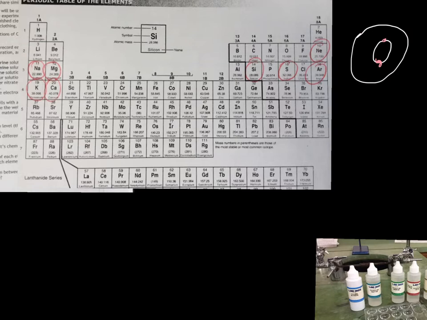So I can start with 1, 2, 3, 4, 5, and there we go. We'll stop there. There's 5. So if I was to count the number of electrons that I have, then I will have 1, 2, 3, 4, 5, 6, 7. There we go. I lost count.